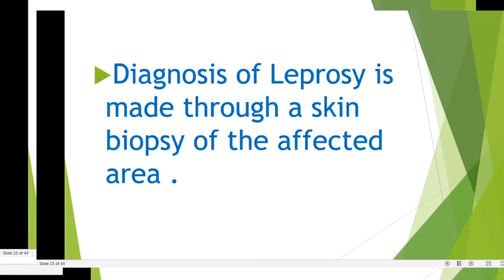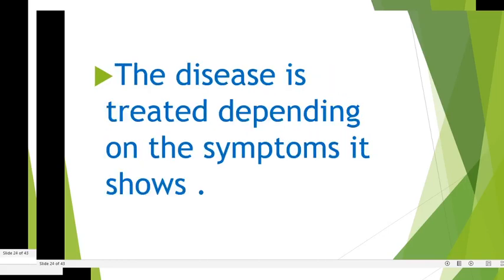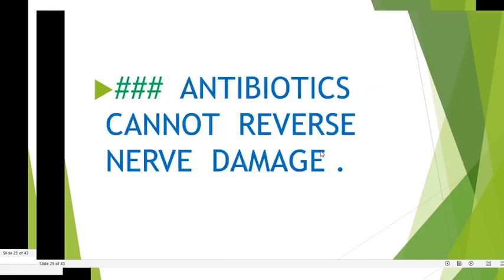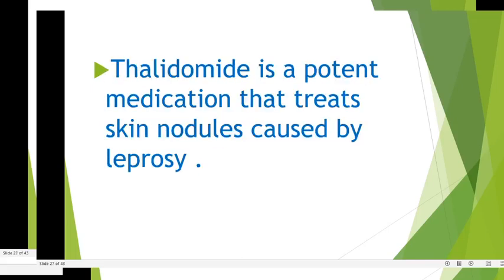Diagnosis of leprosy is made through a skin biopsy of the affected area. The disease is treated depending on the symptoms it shows. Antibiotics are administered for 6 to 12 months to treat infections. Antibiotics cannot reverse nerve damage. Thalidomide is a potent medication that treats skin nodules caused by leprosy.